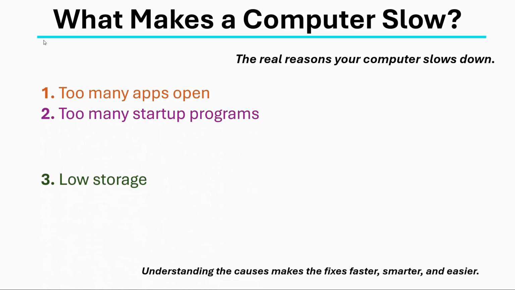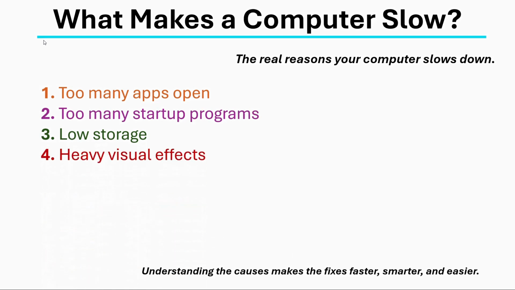Number three, low storage. Just like a town running out of space, when your storage gets full, Windows struggles to move, organize, or save anything. Number four, heavy visual effects.